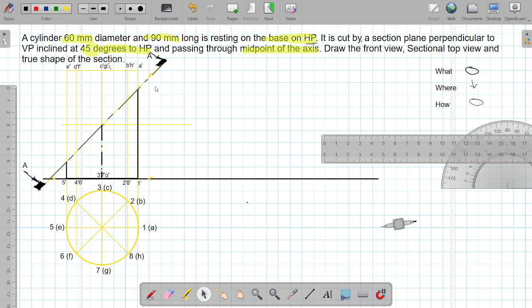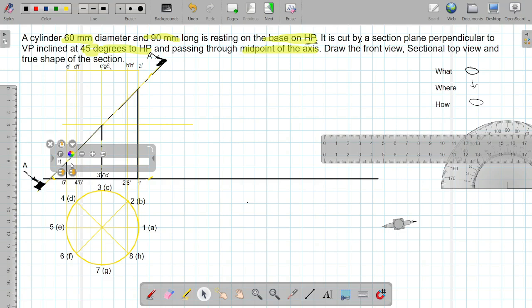Now let us start naming the points which are cut by this section line. Starting with this point which is cutting the cylinder, I will name it PM, because if I give it PA or P1 it will create confusion between these alphabets and this alphabet. So for safety I am giving it PM. Similarly, this point has been cut by the section. Let us say there are two points, D4 and F6.